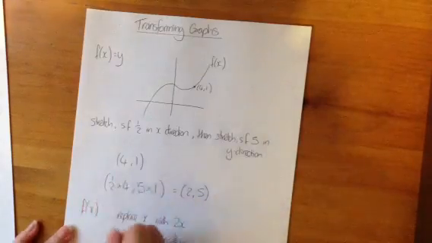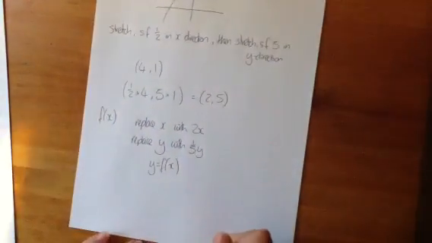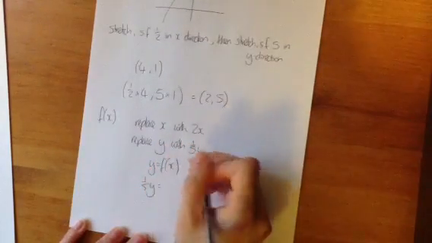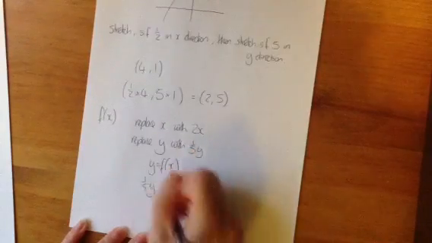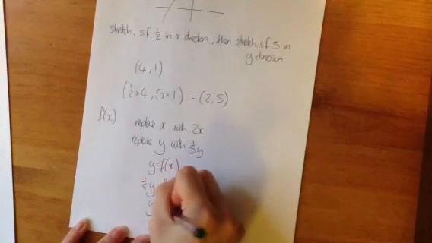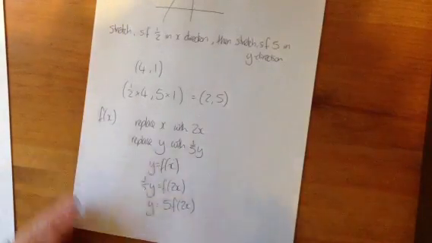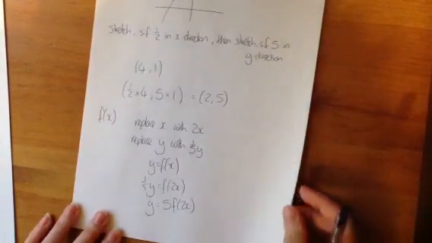So from y equals f of x, I am now going to have 1/5 of y equals f of 2x. I could also rearrange that slightly and write that as y equals 5 lots of f of 2x. Okay, so it's just applying the rules that we learned in Core 2, nothing complicated.